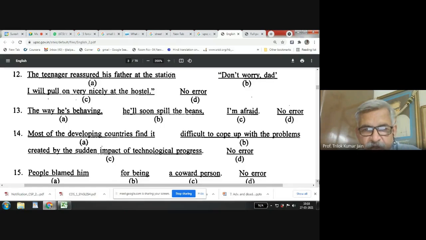Otherwise, fine. It is in inverted commas. If it had been without inverted commas, it would have been a mistake. But because it is in inverted commas, fine, it can continue.